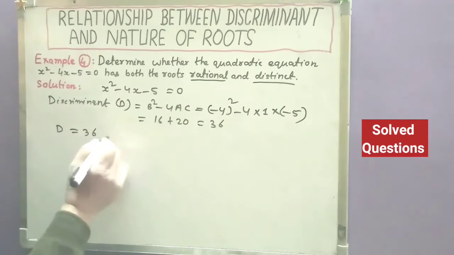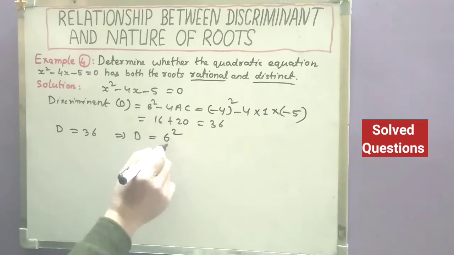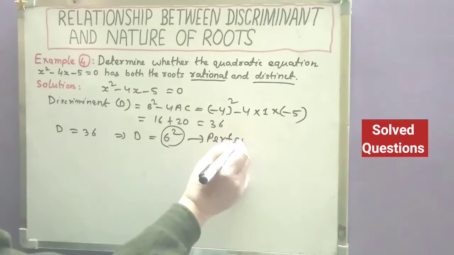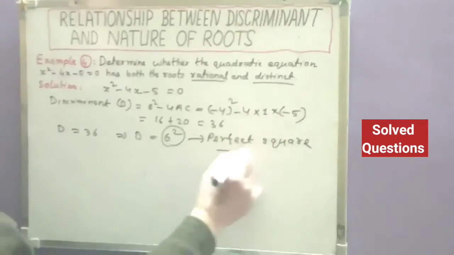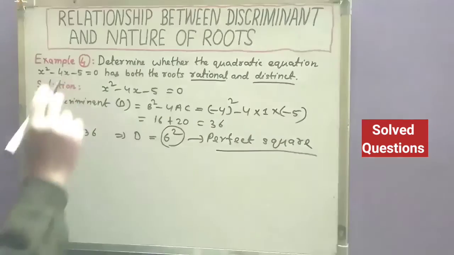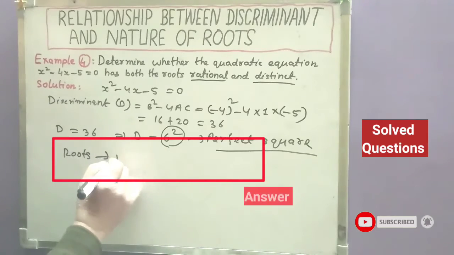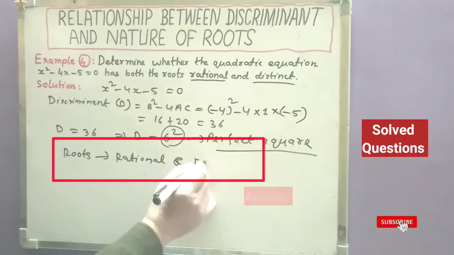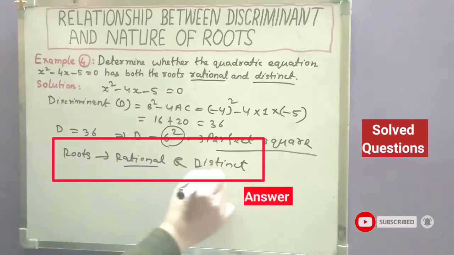Since D = 36 is a perfect square, because 6² = 36, the roots of this quadratic equation are rational and distinct. That's your answer.